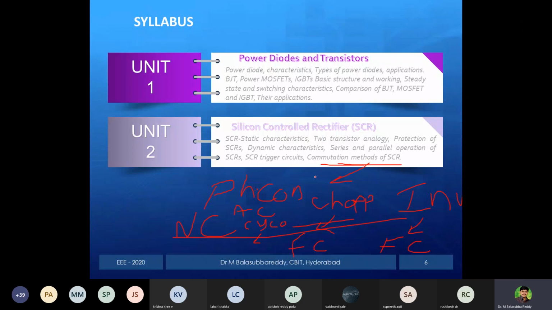For this group of controllers we use natural commutation, meaning it happens automatically, and the other will not be automatic. You have to use additional commutating elements like L and C to forcibly bring the current through the device to zero. Some current is there and you have to bring it to the zero level, so you apply an opposite force to get it to zero.